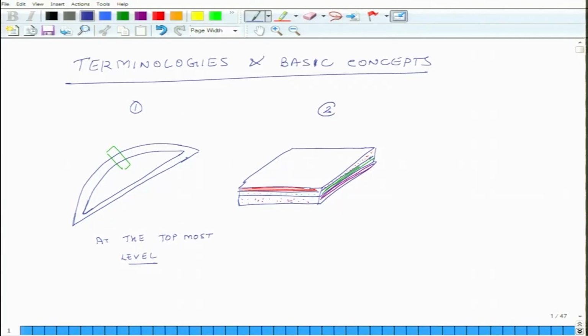This is a little detailed view of a small cross section of the material, and then if you take a small piece of this material, just one layer, what you will see is a single layer and it may have several fibers.